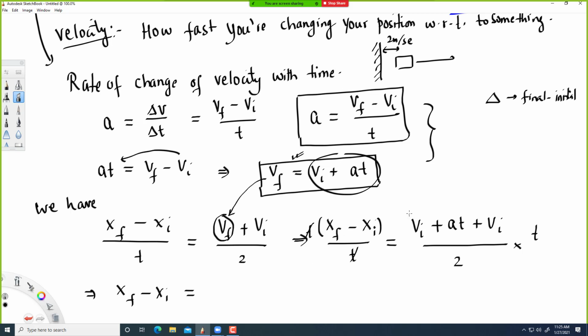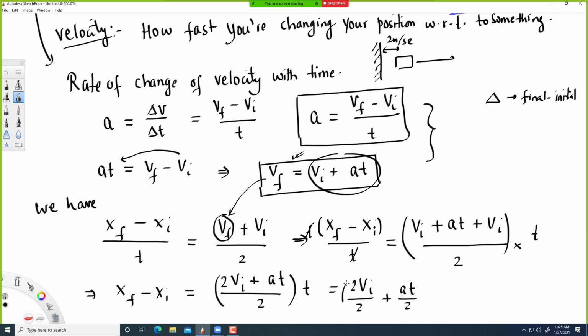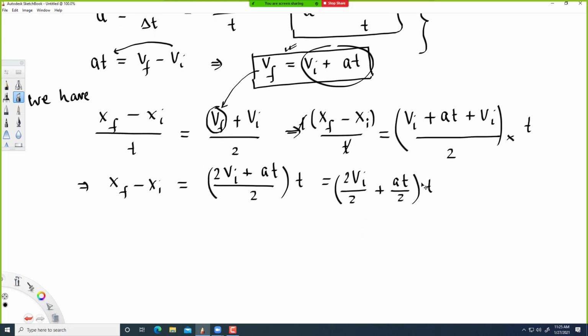On the right side, this Vi and Vi is 2Vi plus AT over 2 times t. Now separate these terms. When you separate these two terms, you get 2Vi over 2 plus AT over 2, times t.